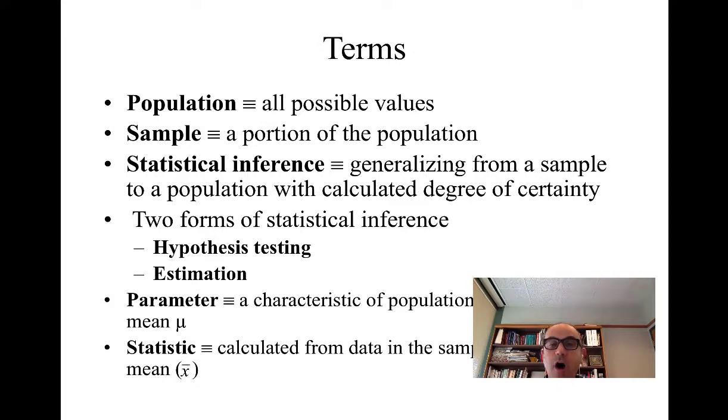There are two forms of statistical inference, hypothesis testing and estimation, and what we have about the characteristics of the population and the characteristics of the sample, and how we calculate them.